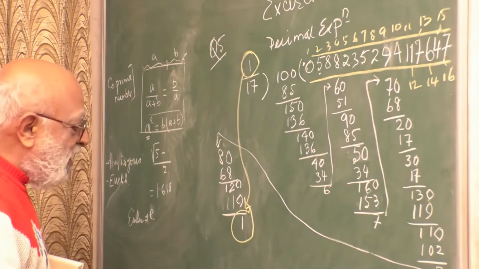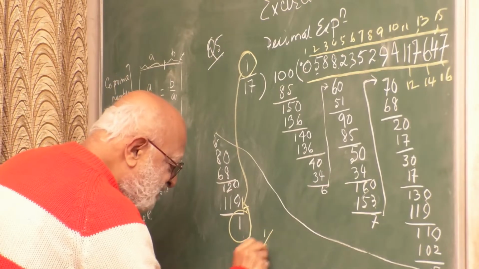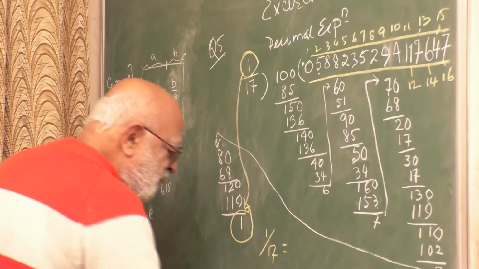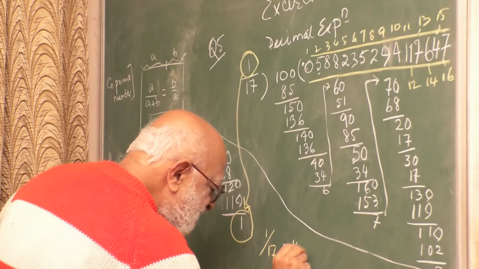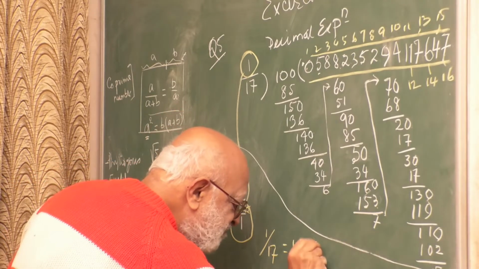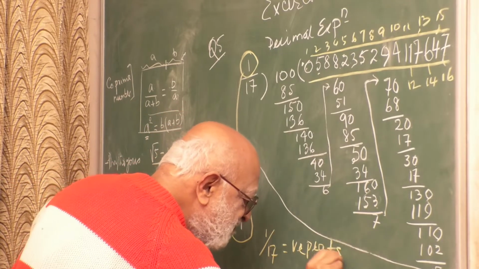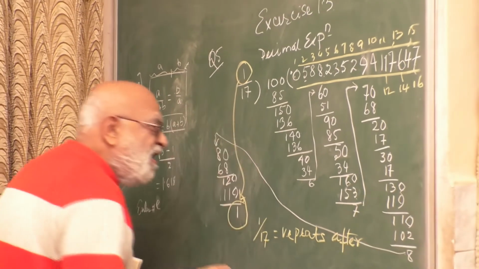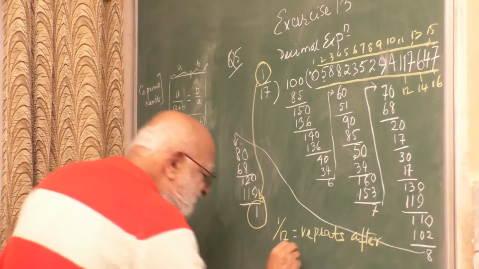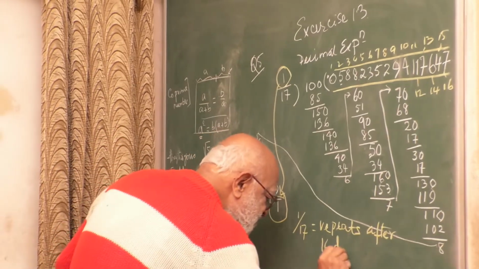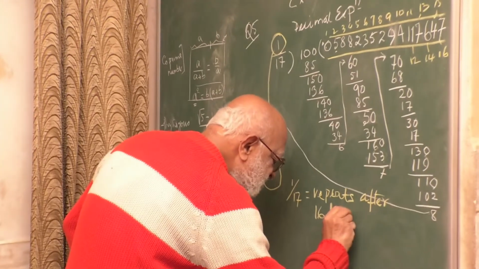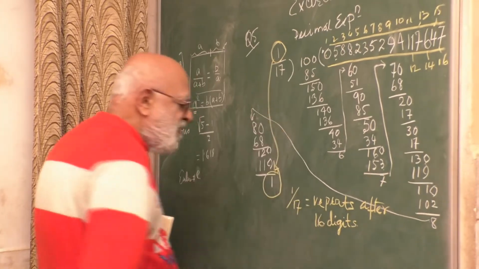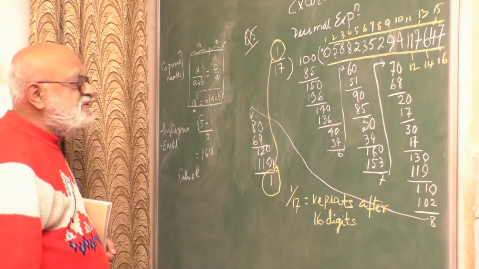So this 1 by 7 repeats after 16 digits. It repeats after 16 digits.